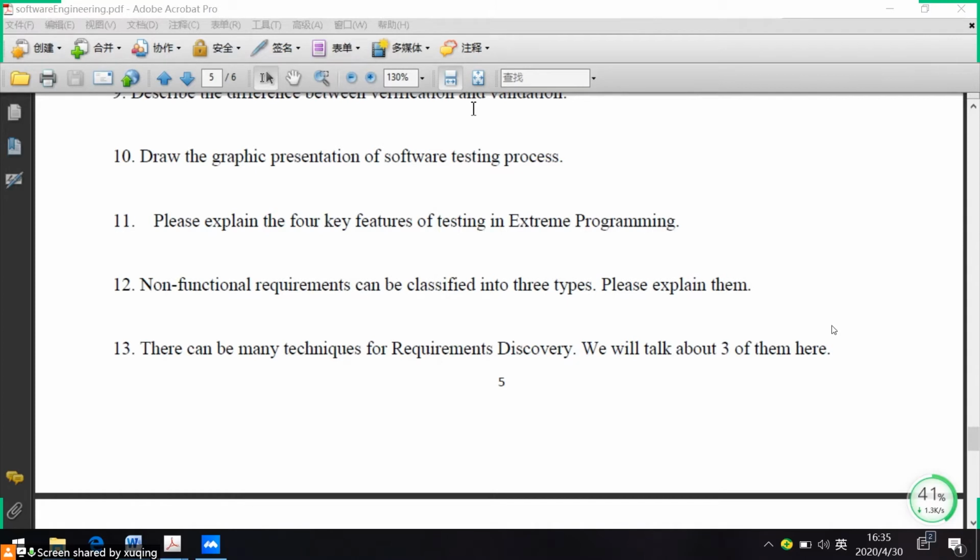Regression testing. You can find the answer directly in the slides. Yeah, prepare test data. Thank you very much, Kaya. You found it.